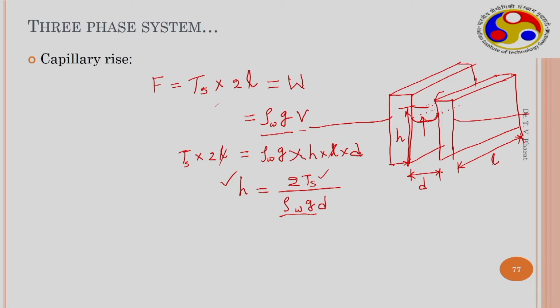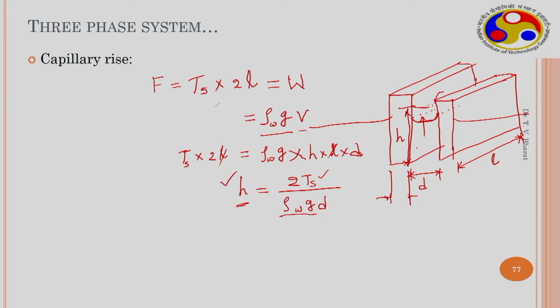Generally the clay particle thickness would be as small as 1 nanometer to maybe 10 nanometers for little coarser ones. The distance between the particles may be as high as 100 to 1000 nanometers or even slightly more. So if you substitute, you can approximately calculate what the rise of height could be.